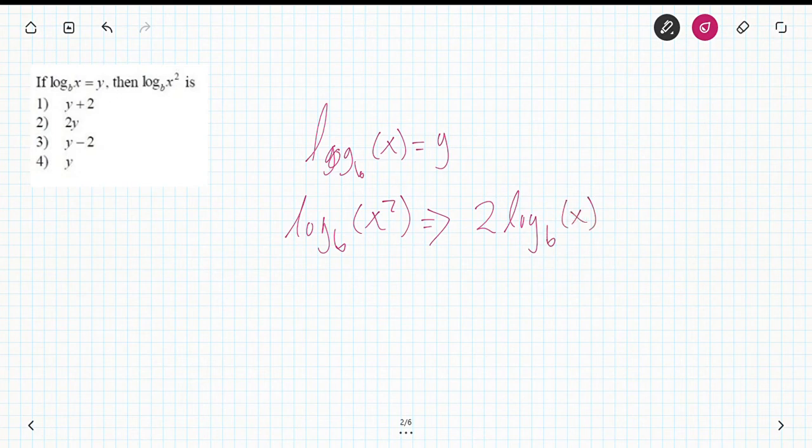And since we know that the log base b of x equals y, we can also express this as 2y. Okay, so we can circle answer choice number 2. Okay, that is the answer because we can basically use the exponent rule, in which if you have an exponent inside the parentheses, you can write it outside the log like that. Okay. All right, so let's do the next one.